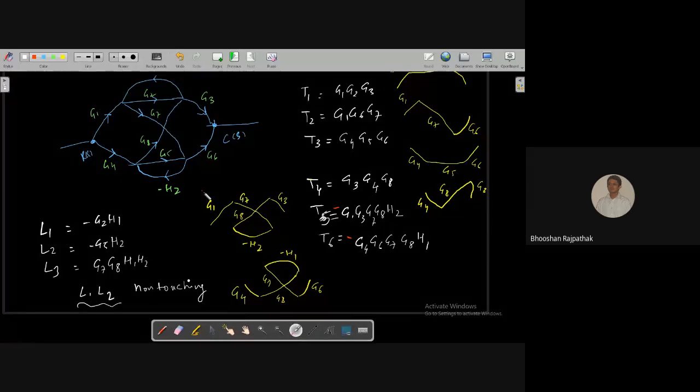So I'm keeping this just for a few seconds. You can check this and then I will go to next page. Okay. So the forward paths are calculated, loops are calculated, non-touching loops are calculated. Now just substitute everything in our formula.